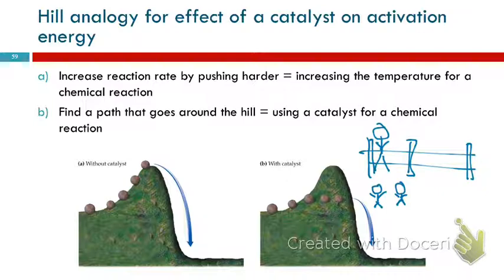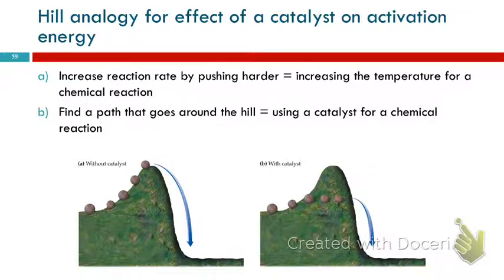So what if the teacher picks them up and lifts them over the fence? That's going to speed things up. Or what if we take one of these bars out? We just unhook one end and drop it down. Now they only have to go over the bottom rail, and it's going to be faster. That's the idea of a catalyst. It's an alternate pathway that requires less energy. It speeds up the reaction.